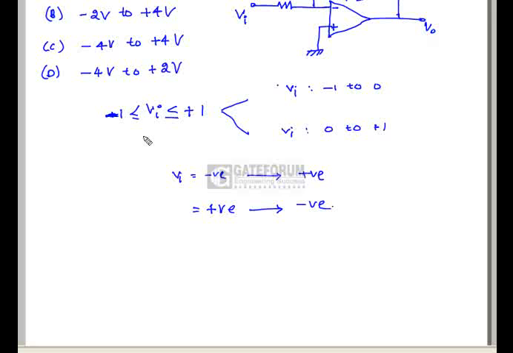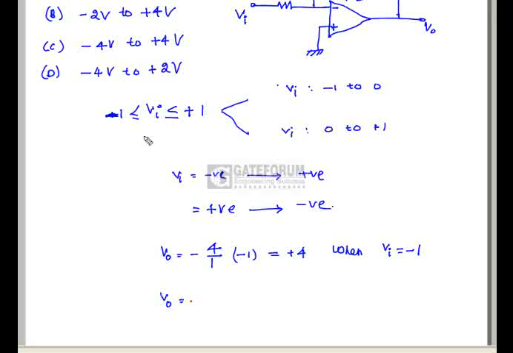Positive means the diode is going to be reverse biased, which is going to act as an open circuit. In that case, V0 equals -4 by 1 into Vi, this is the case for Vi negative, that is equals +4 volts when Vi equals -1.